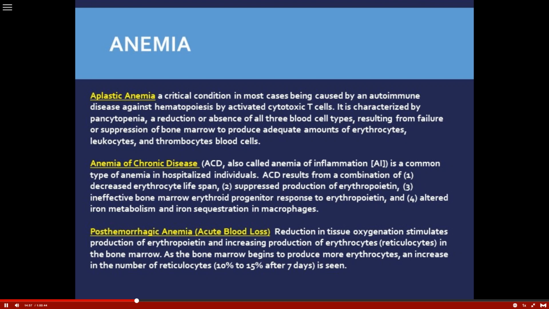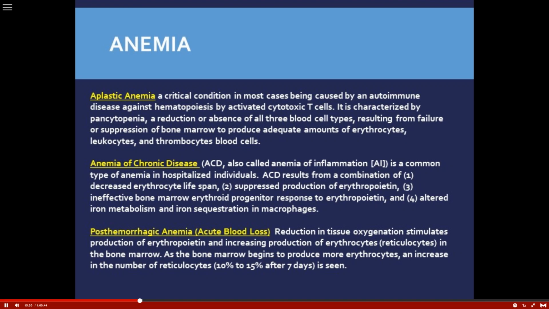All the different cells. So that's erythrocytes, leukocytes, and thrombocytes. All three of those are affected. So what ends up happening is it suppresses the ability of the bone marrow to produce adequate amounts of those three blood components.